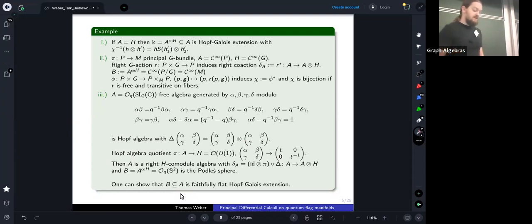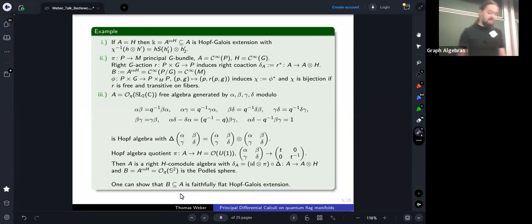Okay, on this space, you have a U(1) coaction, and this can be written in a nice way using the following projection of algebras, where we just map the generators into t and t minus 1. And then the coaction I was mentioning is just the coproduct on A, where we project the second tensor factor.